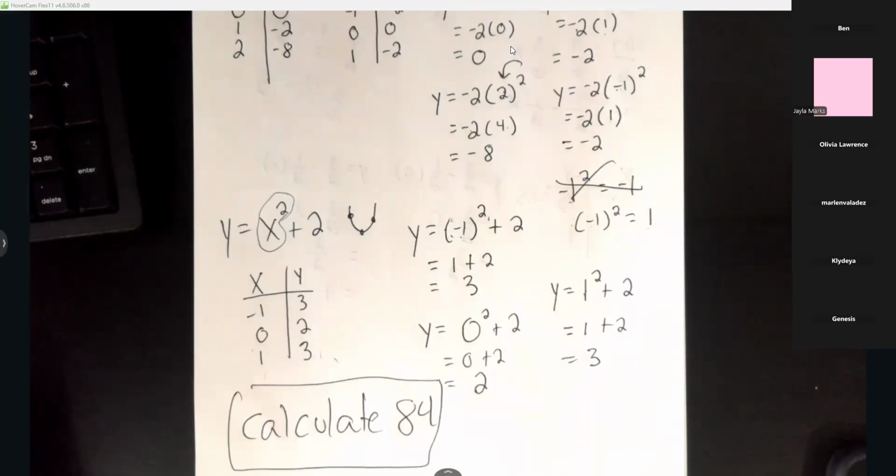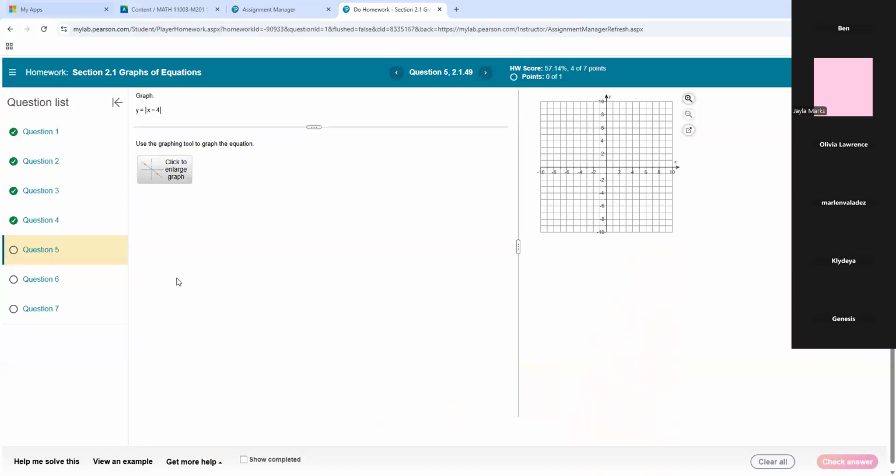All right, y'all, so let me see what they're giving us next. Oh, look at that. This is number 5. Y equals, and it's got some bars around the x minus 4. So do y'all know what them bars represent?